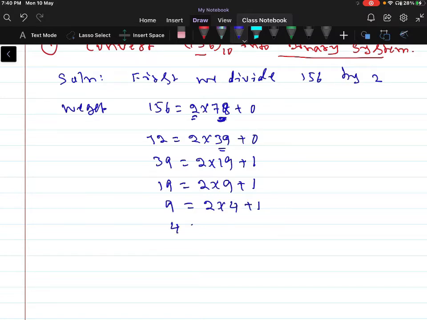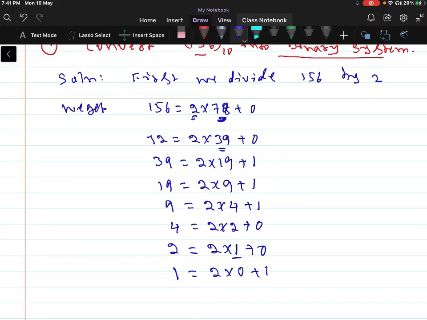Again 4 can be written as 2 into 2 plus 0. 2 can be written as 2 into 1 plus 0. Again 1 can be written as 2 into 0 plus 1.